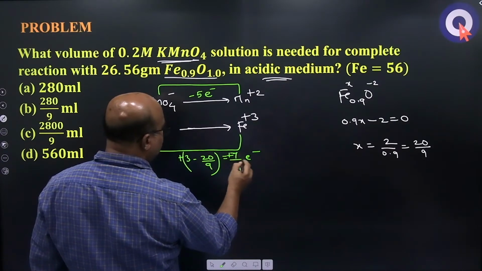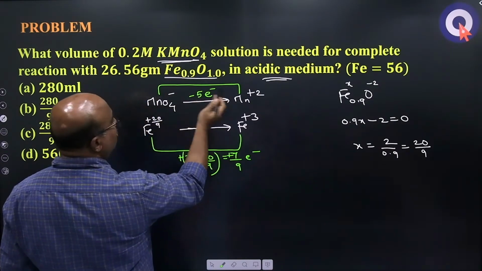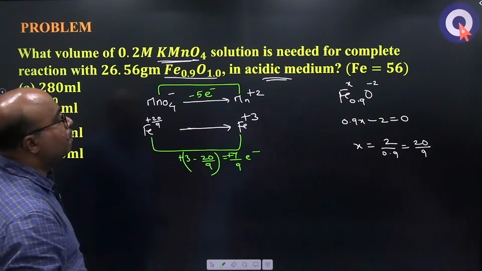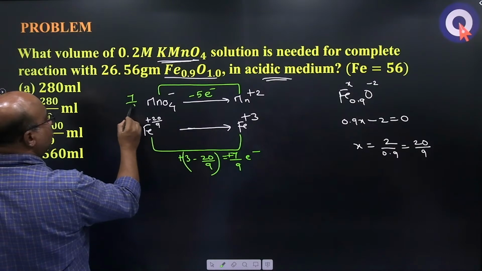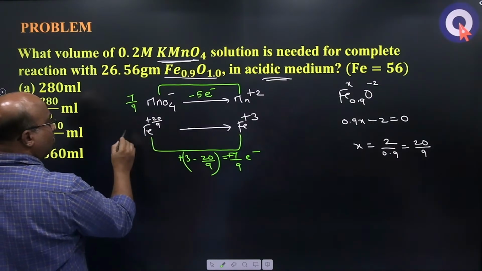So 7 by 9 electrons are lost here and 5 electrons gained there. So 7 by 9 moles of this has to react with 5 moles of this.